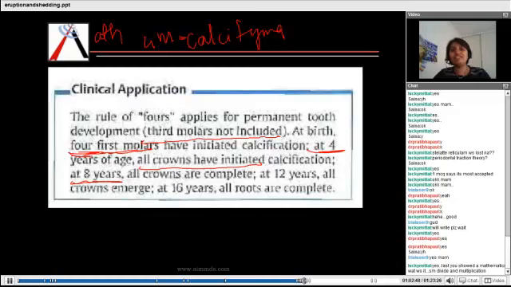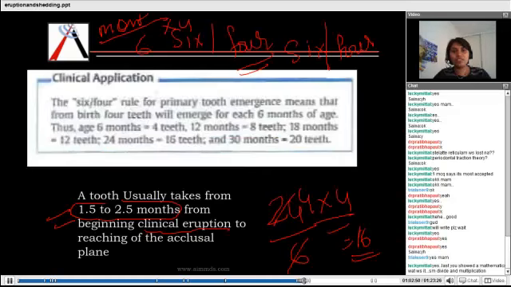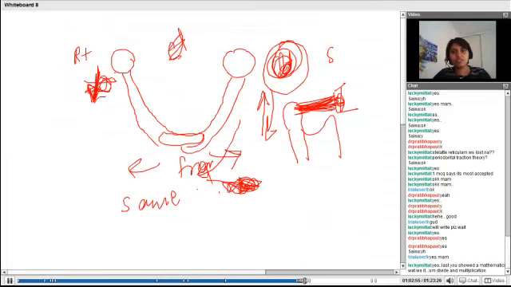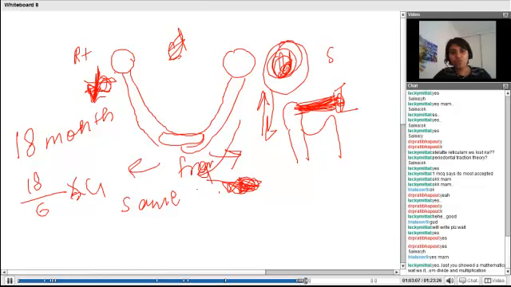That was my thing. Don't get confused. It was simply what I showed, whenever somebody gives you a month. For example, somebody asks how many primary teeth have erupted in 18 months of age. What we do is 18 divided by 6, 3 into 4. Because every 6 months there are 4 teeth erupting, right?